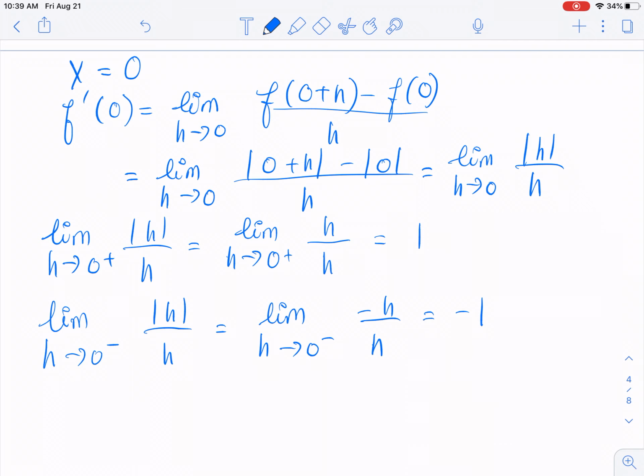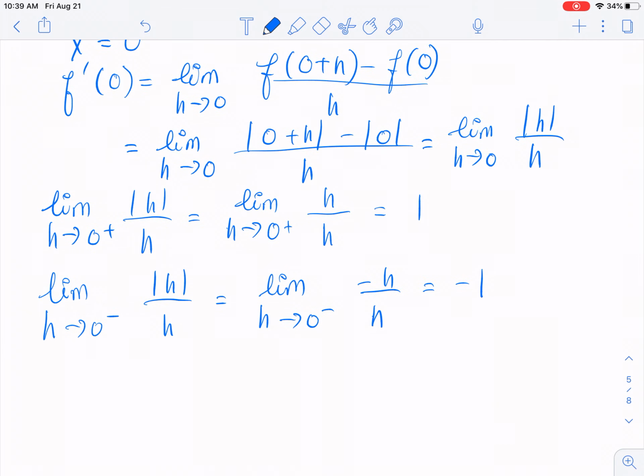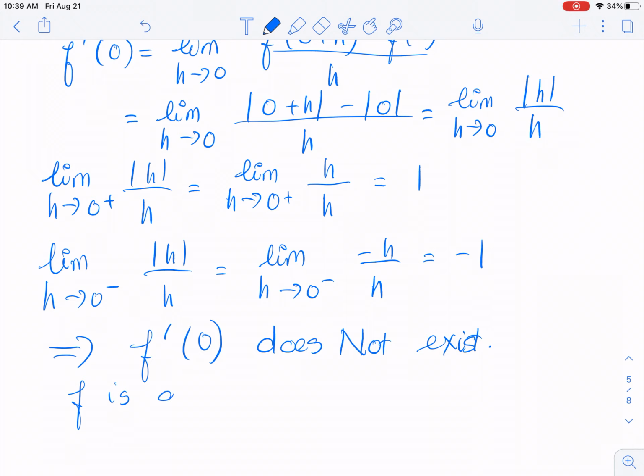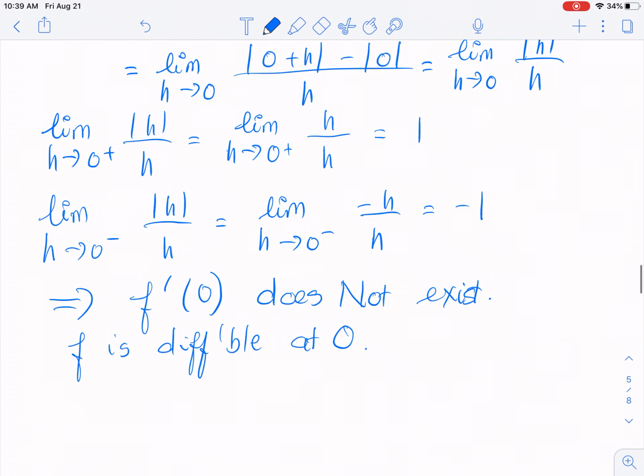All right, we do have a problem. We have 1 for the right and negative 1 for the left. So they're different. Therefore, we can conclude that f prime of 0 does not exist. So f is not differentiable at 0. There we have it.